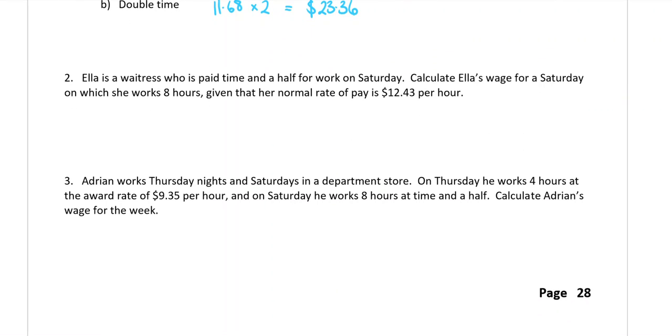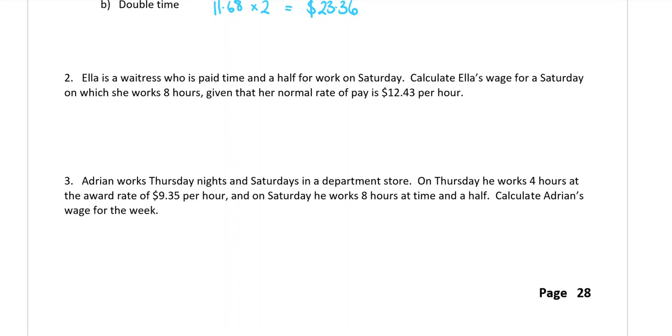Ella is a waitress who is paid time and a half for working on Saturday. Calculate Ella's wage for a Saturday on which she works 8 hours, given that her normal rate of pay is $12.43. Now, if reading is not your thing, comprehension is not your thing, you want to go through and highlight things as you go through these big wordy questions.